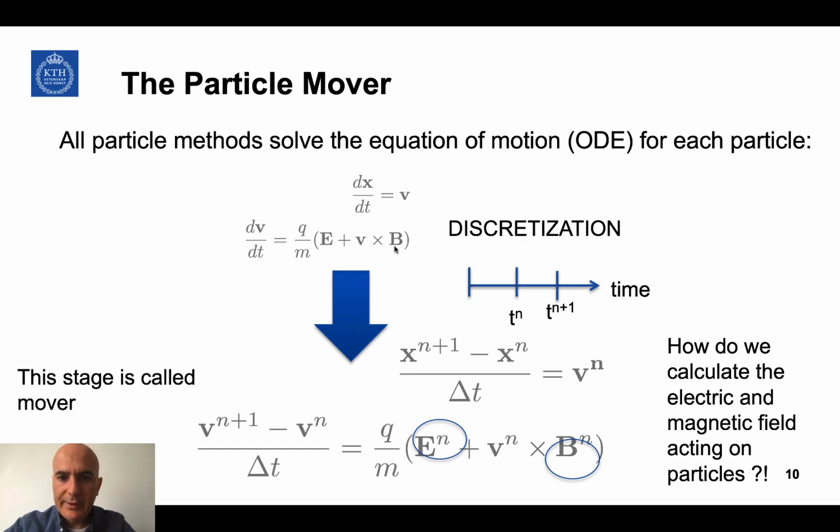So we do this discretization process. We basically discretize time into different time slices, and we can come up with a very simple representation. If you have two time steps, n plus 1 and n, the first equation can be rewritten as follows. We define the position only at two time steps, so nothing in the middle.